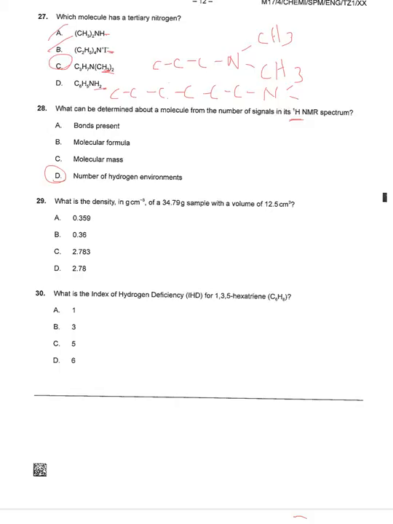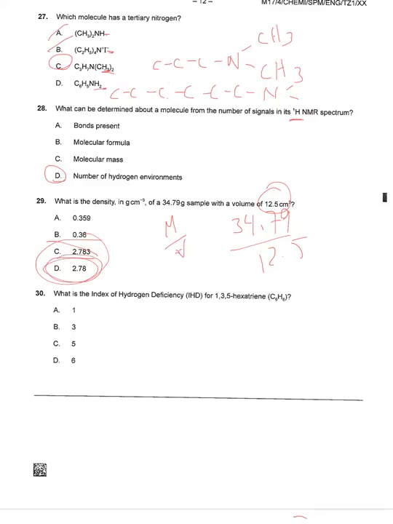Seemed like a pretty easy question for so late in the exam, but you have to remember that, oops, not mass over density, that density is mass over volume. So then 34.79 over 12.5, even without a calculator, you narrow it down to these two choices. So what's the difference? The number of sig figs should be limited to 3. So now I'm down to D as being my most appropriate choice.